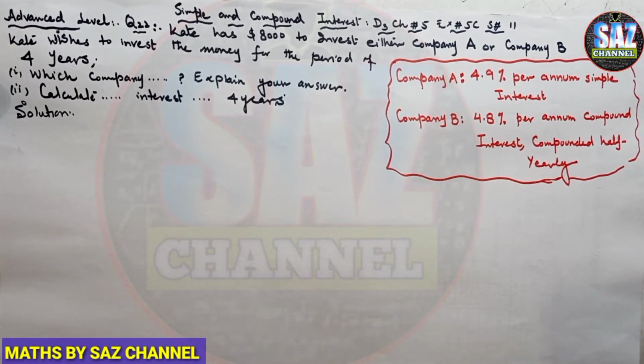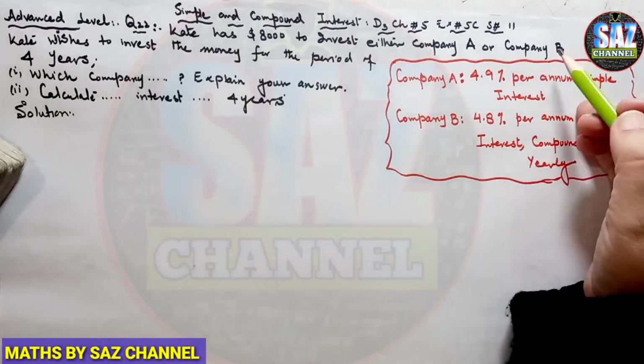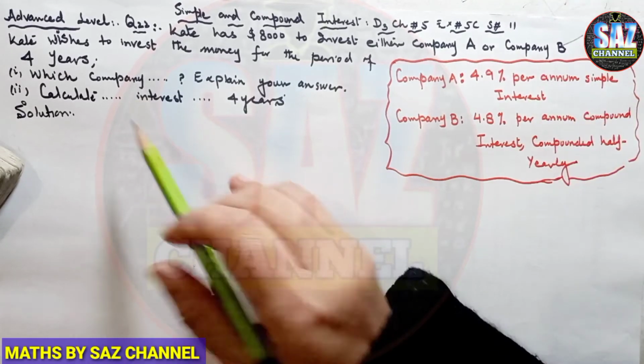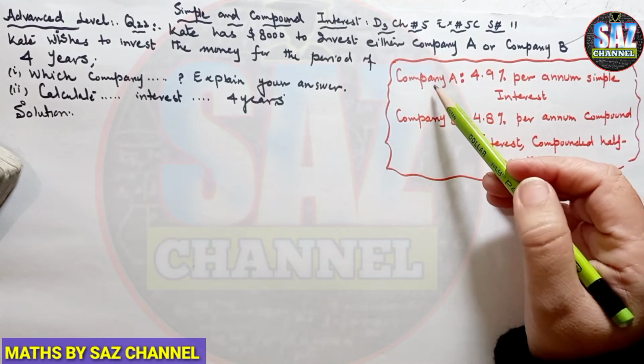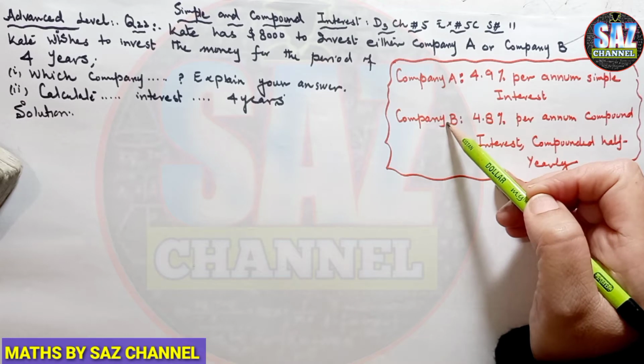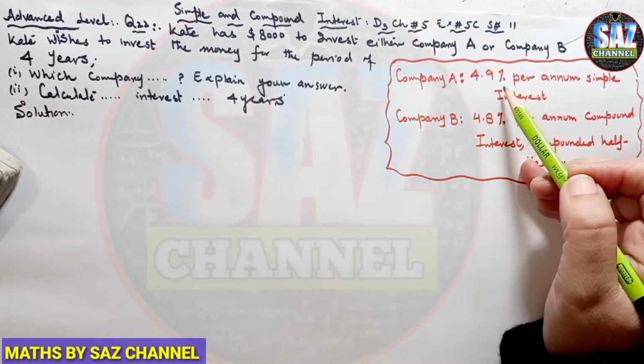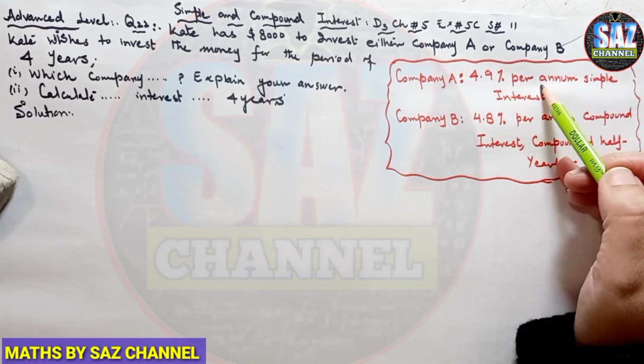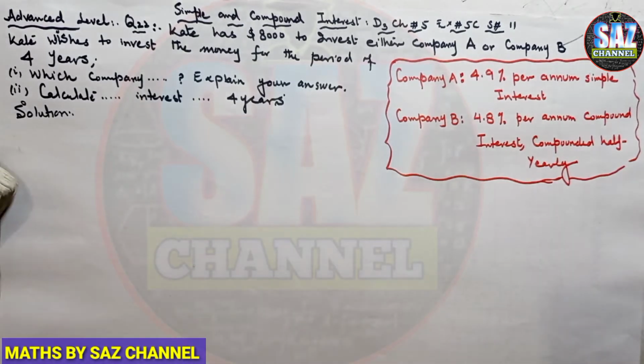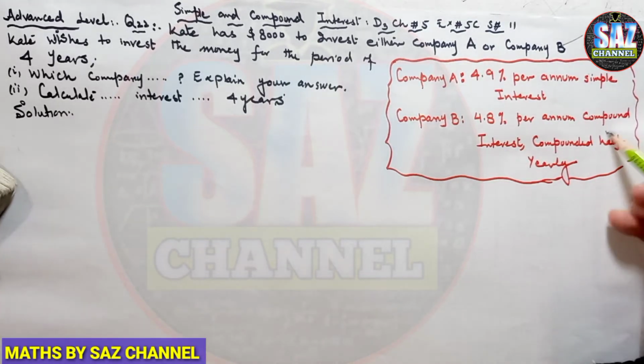Question says, Kate has $8,000 to invest in either company A or company B. If we look at the offer given by company A and company B, company A is giving 4.9% per annum simple interest, and company B is giving 4.8% per annum compound interest, compounded half yearly.